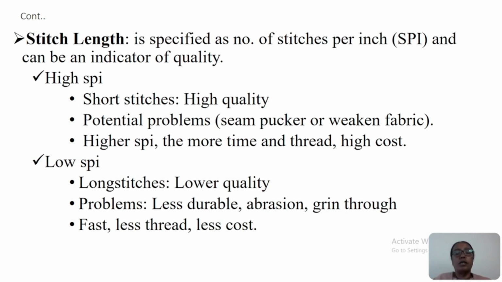Low stitch per inch means long stitches and lower quality. The problems are less durability, abrasion, and grain-through, but it is fast, so less thread and less cost because of the long stitch.